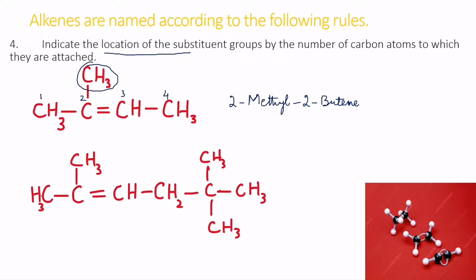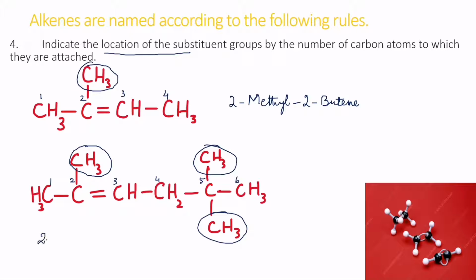In the second case, it is 1, 2, 3, 4, 5, 6. Now you can see my chain is of 6 carbons, and at carbon number 2 I have a substituent, then I have 2 more substituents attached to carbon number 5. So how am I going to show their location?